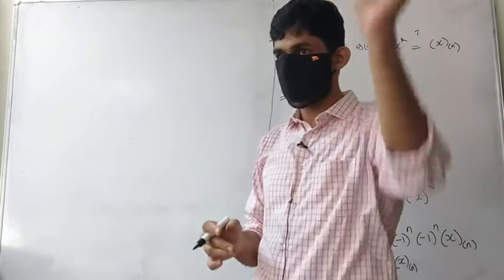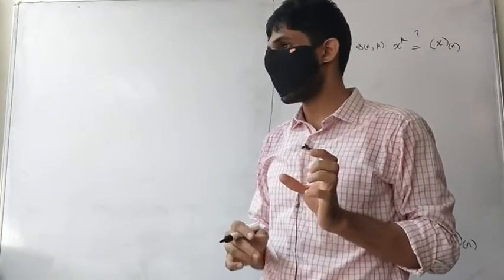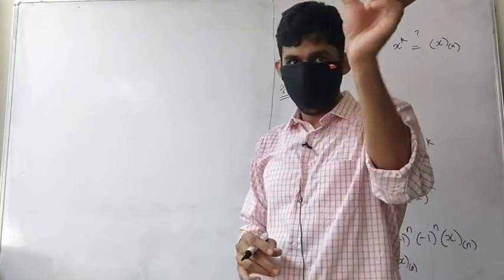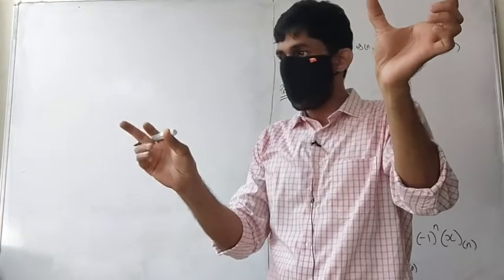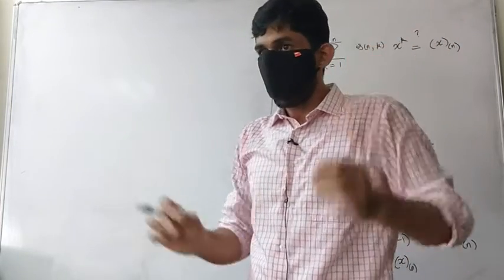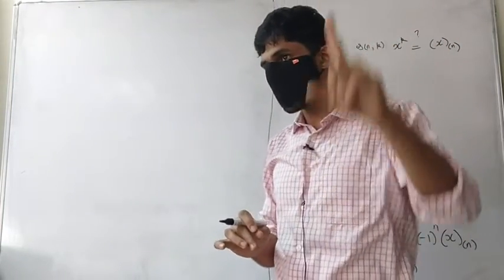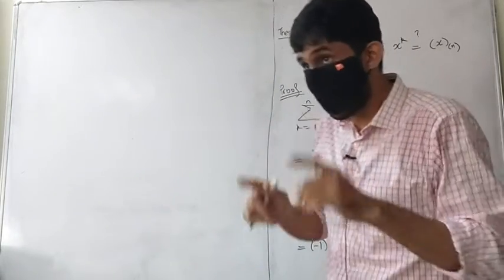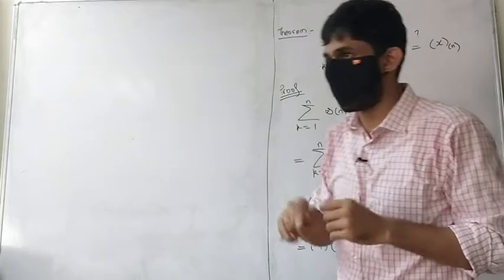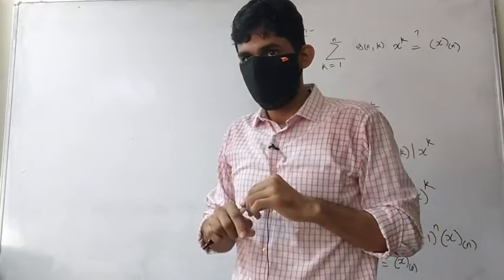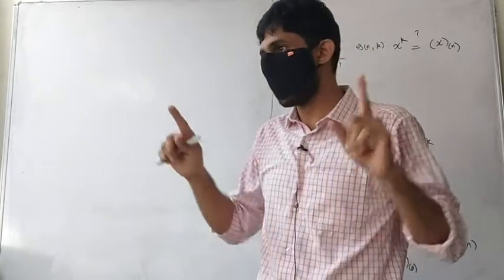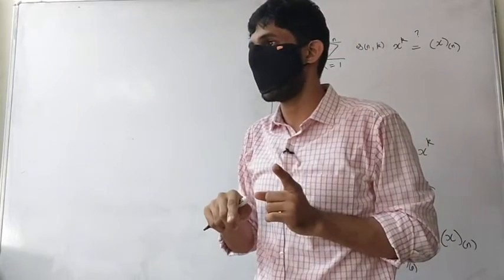If you have a basis B and a basis B prime, you know the representation of vectors in terms of B. How will you get the representation of the vectors in terms of B prime? There is one change of basis matrix which you multiply to it.